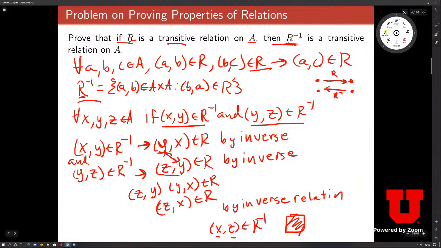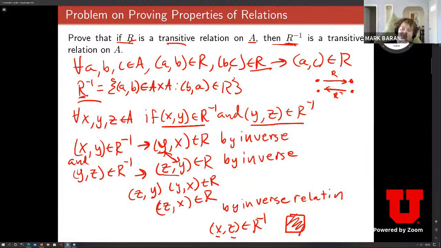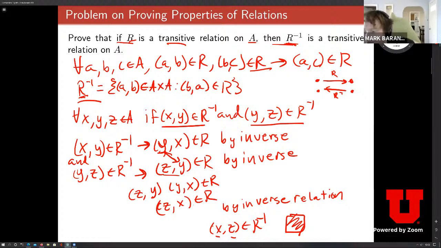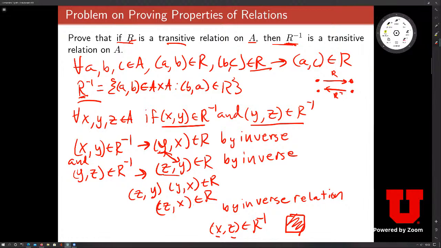Does the order of the steps matter? Can I just start and say, since we know R is transitive, we have xy and yz? Yeah, you could write this backwards. If that makes more sense to you, definitely do it. Do it in the way that you're most comfortable.